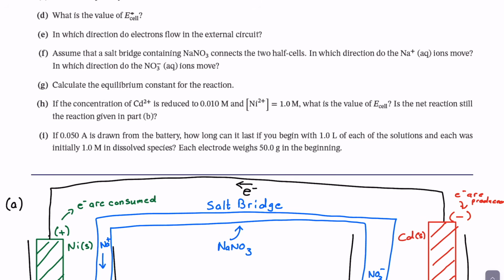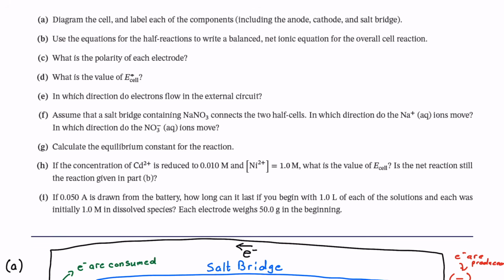We can move on to the last question, which is question I. Question I says if 0.05 ampere is drawn from this battery, in other words this cell, how long can it last if you begin with 1 liter of each of the solutions, and each was initially 1.0 molar in dissolved species. Each electrode weighs 50 gram in the beginning.